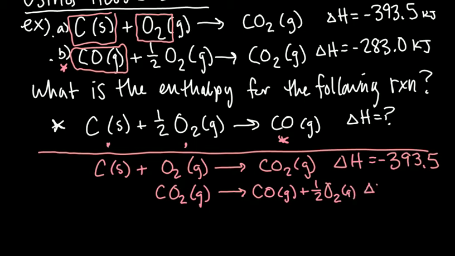And for this delta H, since we had to reverse the equation, you've probably already guessed this, we are going to flip our sign. So we're going to have a positive 283. I'm going to leave out the units here for the sake of space.